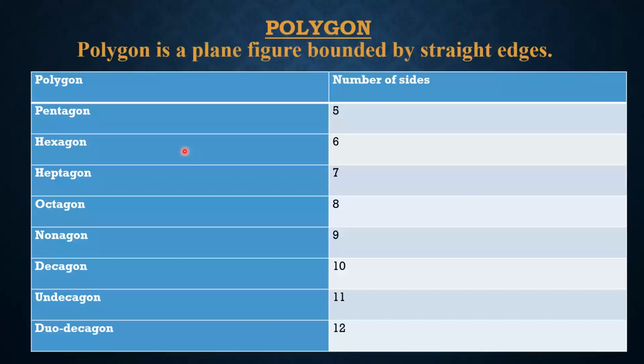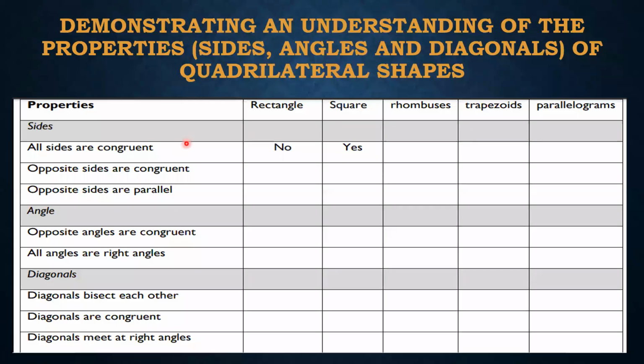Now, we are going to demonstrate an understanding of the properties. Once we have discussed the properties, now we are going to compare them using the shapes here or the table here to draw one or two conclusions.